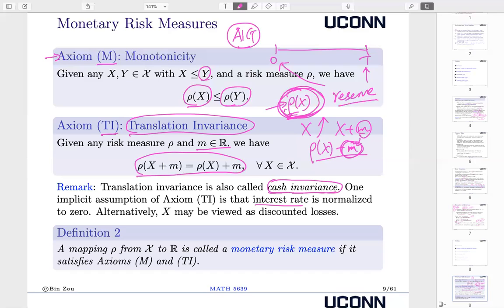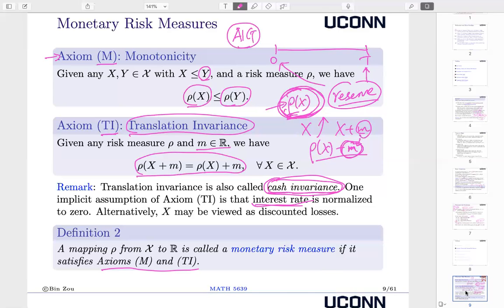But your reserve should be set at time zero, so you deposit some money at time zero and use it to pay the claims 6 months later. So here, by cash invariance, we ignore interest rate. Given those two axioms, we can easily define a monetary risk measure. A monetary risk measure is nothing but a function rho that satisfies those two axioms. That is the definition of a monetary risk measure.